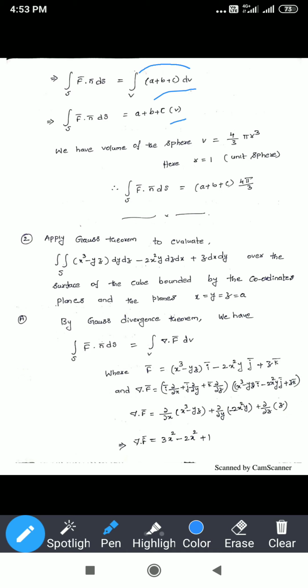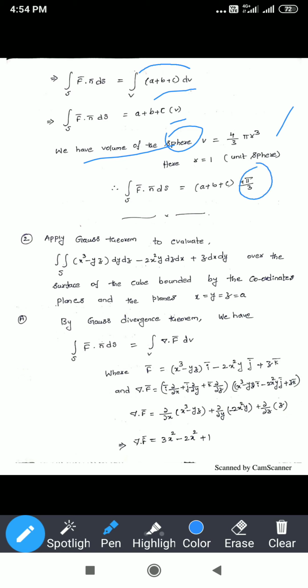Here you can find the v value also, because the given sphere is a unit sphere. You know that the volume of the sphere is 4 by 3 pi r cube. Here r is equal to 1 because it is a unit sphere, so v is equal to 4 by 3 pi into 1, that is 4 pi by 3.